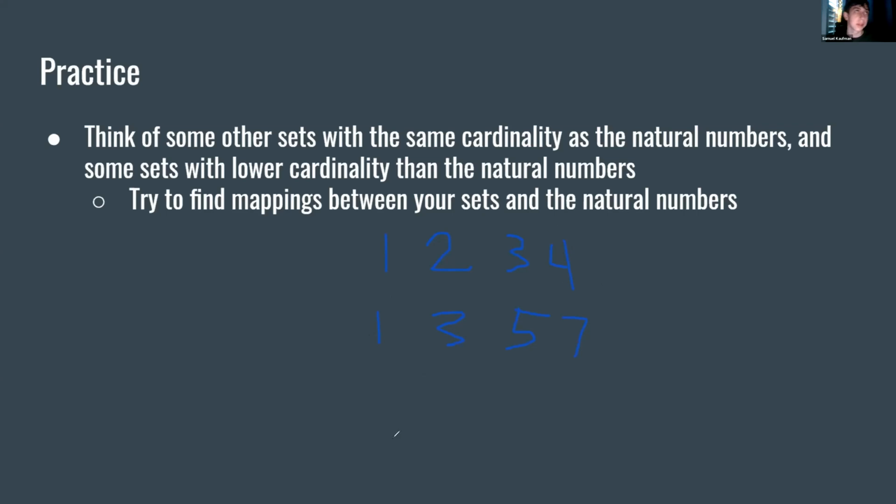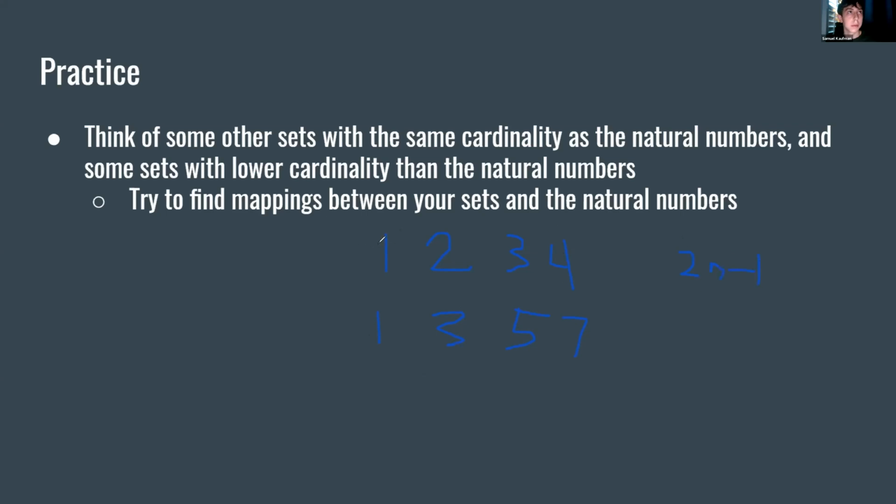And then if you want to write it as an expression, write it mathematically as a function, we can say we're going to take our natural number, multiply it by 2, and subtract 1. So 2n minus 1.